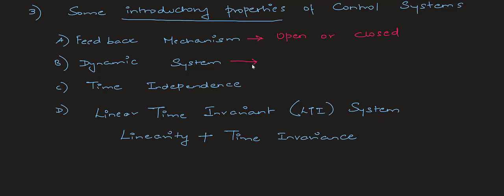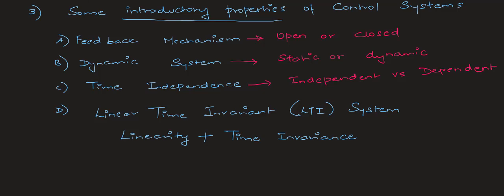Now for feedback mechanism, you can have it to be either open or closed. You can have it to be either static or dynamic. Then you have independent versus dependent. I would go for the word versus rather than or, so I'll just replace these.